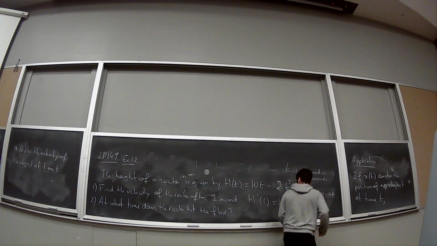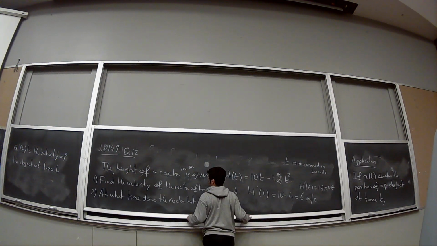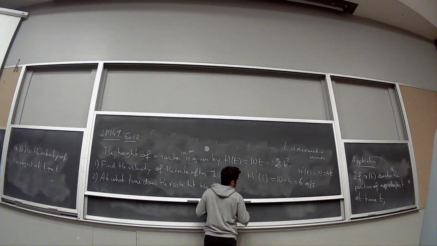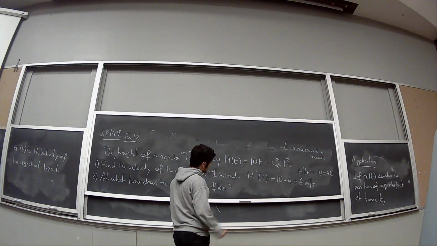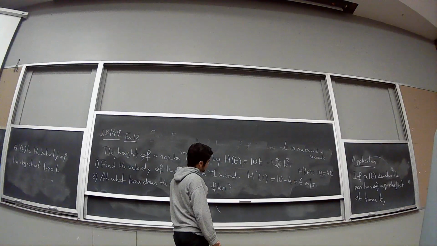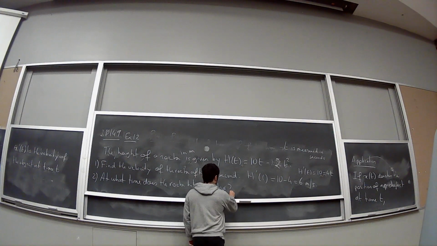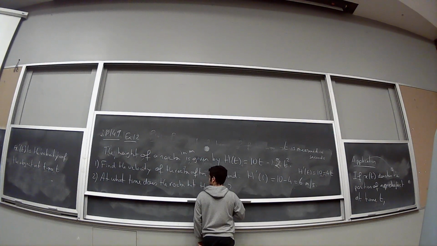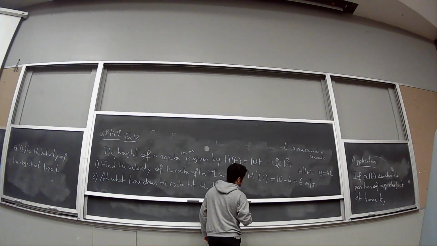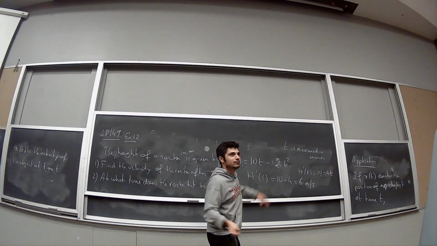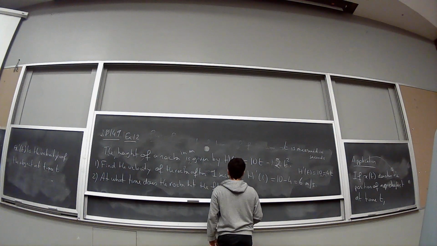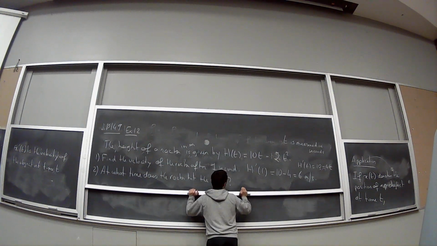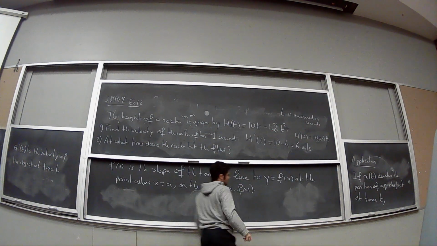So for that we solve h of t is equal to 0. I don't know if the numbers make sense actually, but this is just an exercise, okay? We don't have to worry. At what time does the rock hit the floor? I set h of t equal to 0.